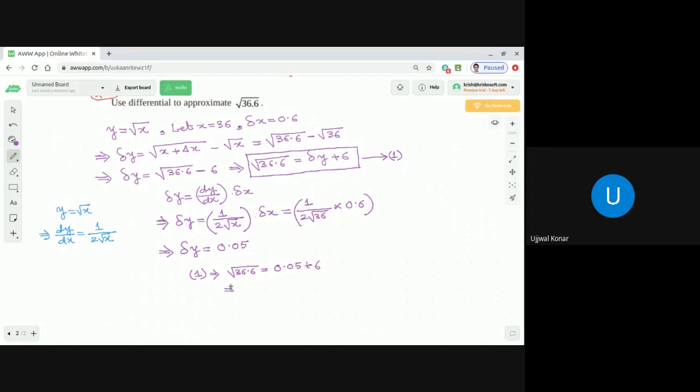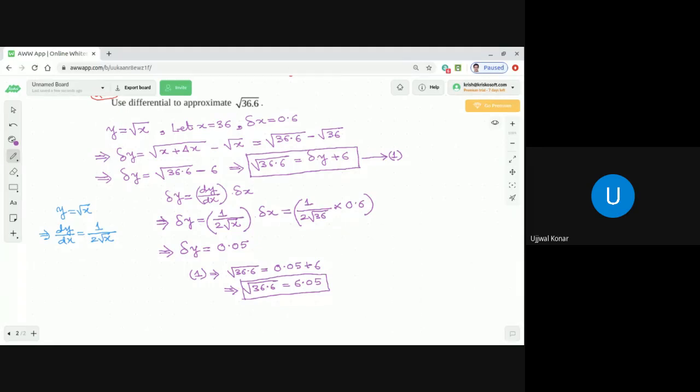That implies square root of 36.6 is equal to 6.05. That is the required value of square root of 36.6. And here you use differential calculus to find it very efficiently, dear students. I hope you understood it very clearly.